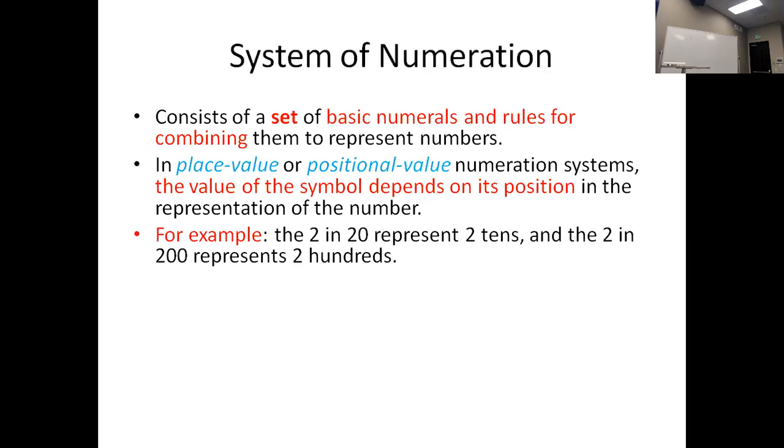The flexibility of our system is that we don't need a different digit to represent 200. We change the position of 2. With the basic digits from 0 to 9, we can make all the numbers that we want because we use positional value and we have 0.